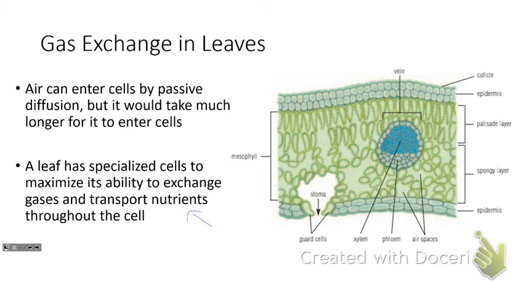And let's say nutrients is food. Yeah, phloem. So food flows. So sugar will go in phloem, and water and minerals go through xylem.